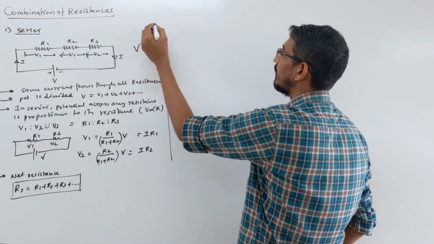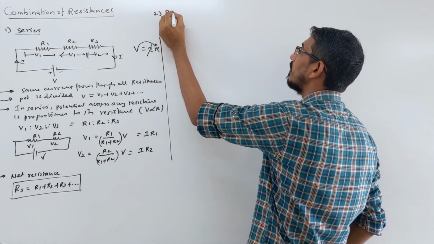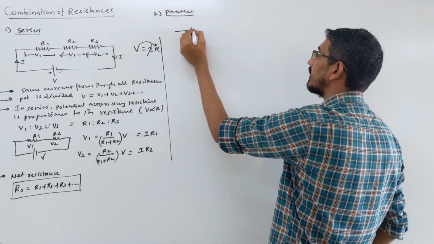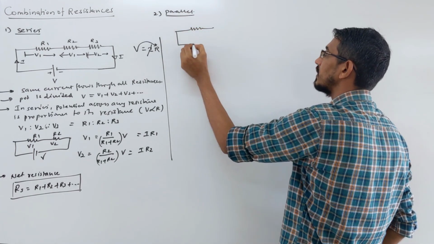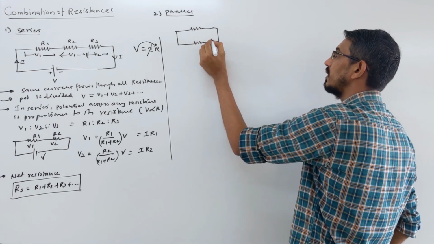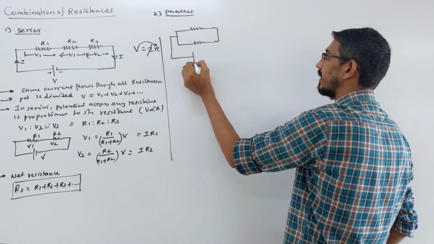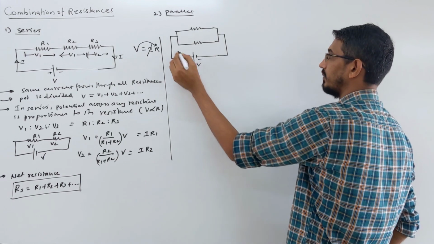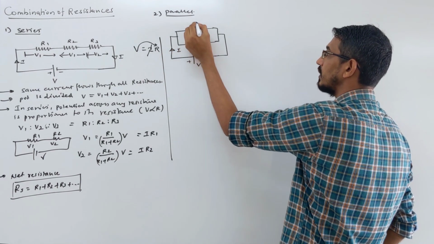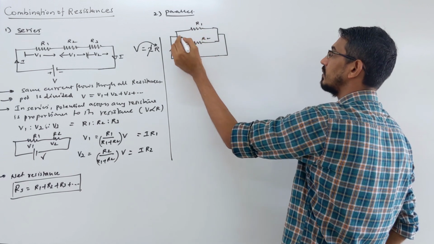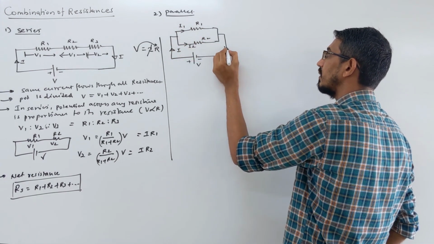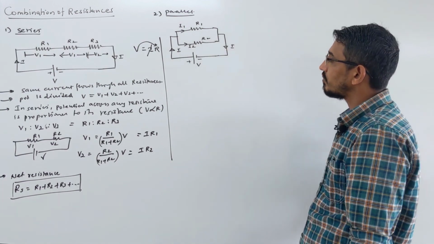Then if I talk about parallel, what happens? Parallel means they will be connected this way. There is one resistance, another resistance, and they are connected to some potential V. Resistances R1, R2, and the currents will be different, I1 and I2.